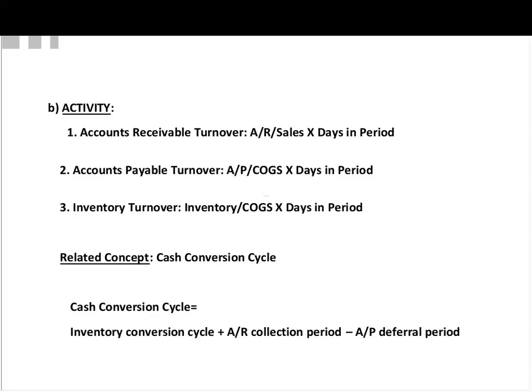Let me give you the cash conversion cycle for the 3 years. Now you can see this. The formula is down below. It's inventory in days plus AR in days minus AP in days from up above. It's that simple formula.